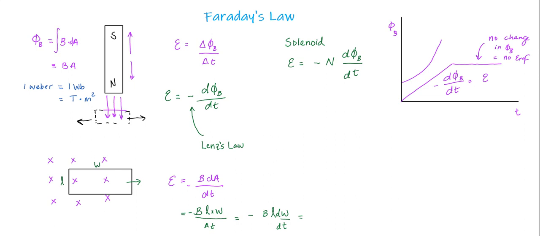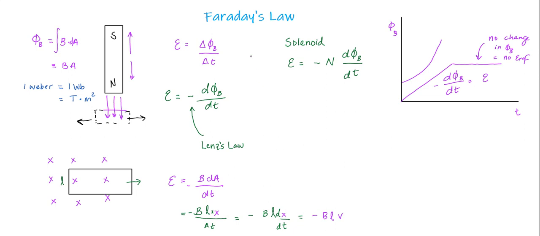A lot of times, if width is making you feel a little confused, let's change it to x, because what we can then see is that dx/dt is actually the velocity that it's moving out of the field with. So it's negative BL, and then this is dx/dt, or we could just put the velocity here.